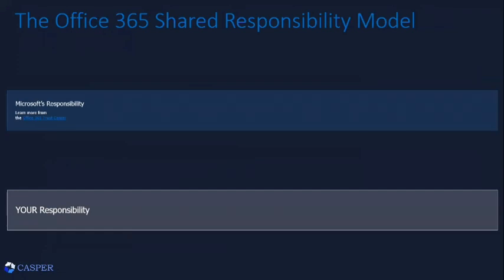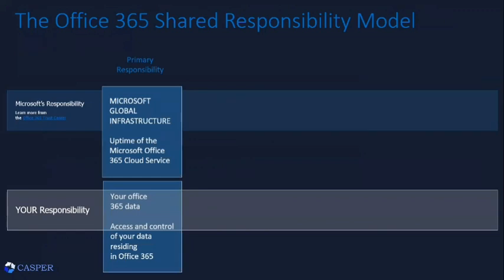So let's look at the shared responsibility model for Office 365 and the customer. By default, the primary responsibility is that Microsoft will maintain the infrastructure on which Office 365 is running.